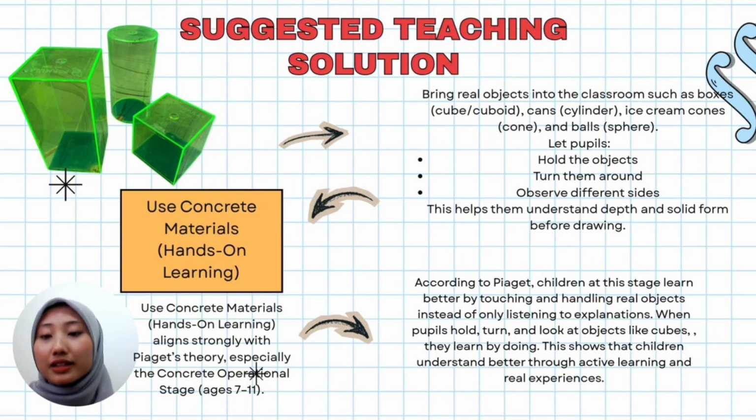When pupils actively explore objects by holding, rotating and touching them, they can understand geometric concepts more effectively through real experience. This will help them to draw the 3D shapes correctly and neatly. In conclusion, hands-on learning helps pupils develop better spatial understanding and reduces difficulty in drawing 3D shapes.